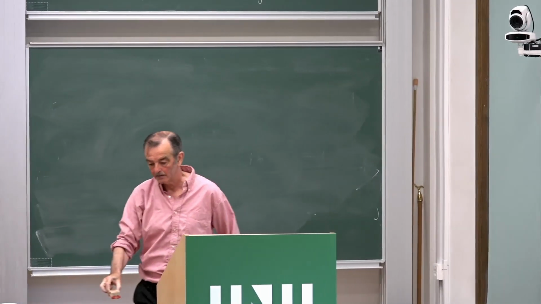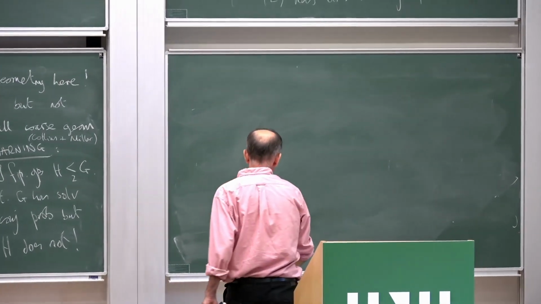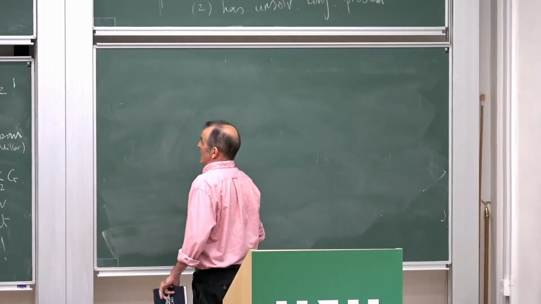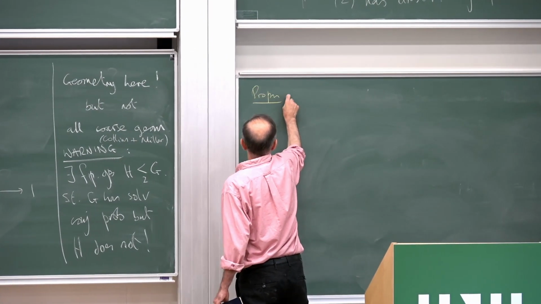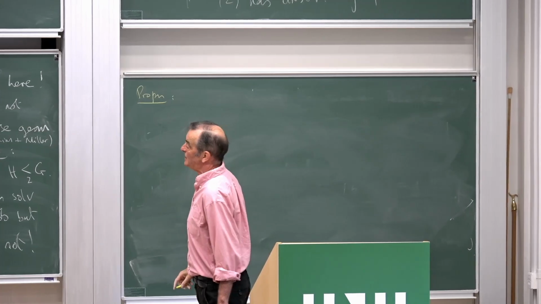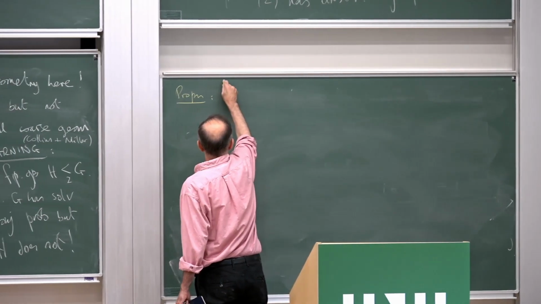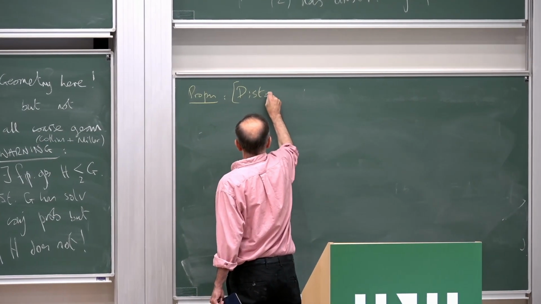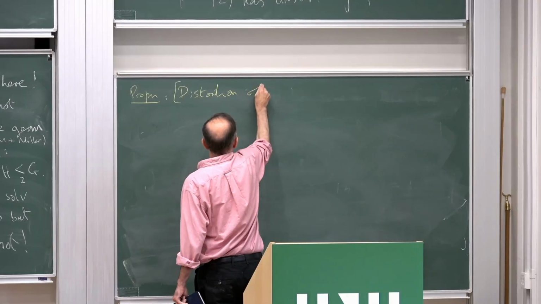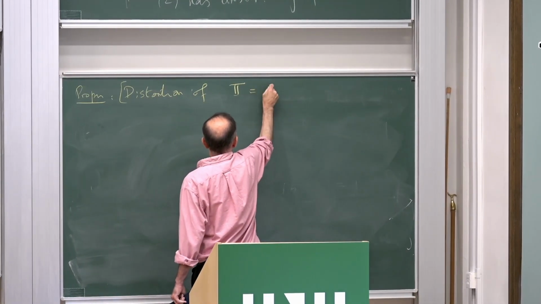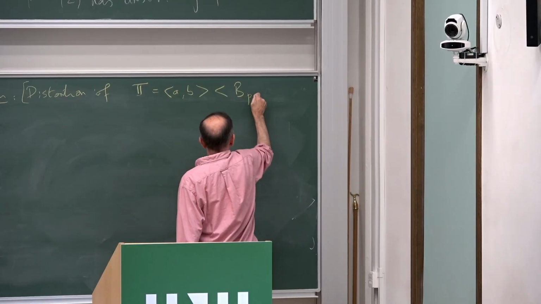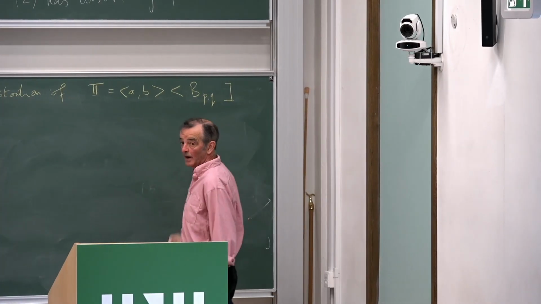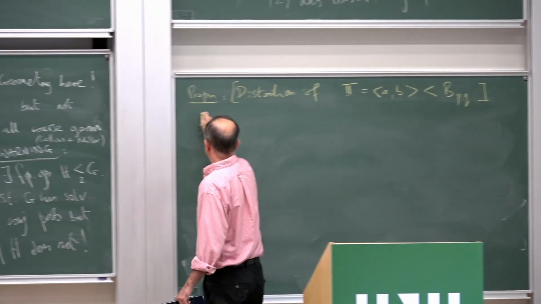Let me explain to you why they're called snowflake groups. I'm going to need this anyway. In a second, here's a proposition to do with the distortion of the free abelian subgroup AB inside the snowflake group. You can say very precisely what it is.